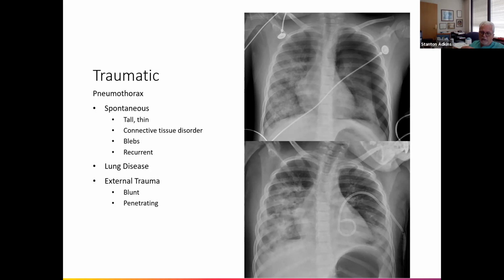And then, of course, we as surgeons see the folks that have been involved in trauma. And having had a pneumothorax myself from trauma, it's not much fun. I did insist on the smallest possible chest tube.